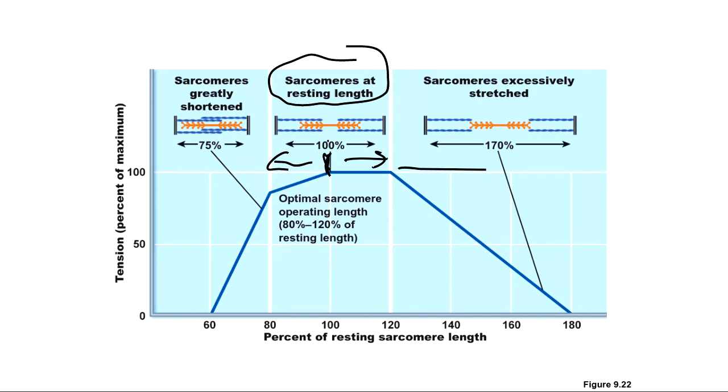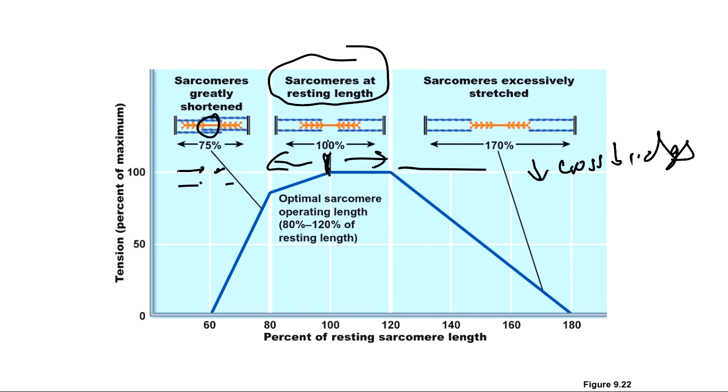much that thick and thin fibers barely overlap, so hardly any cross bridges form. So a low number of cross bridges are going to be made under those circumstances. On the other hand, if we constrict the muscle so much that there is no H zone for the thin filament to be pulled in towards the middle, again the force of contraction is going to decrease.